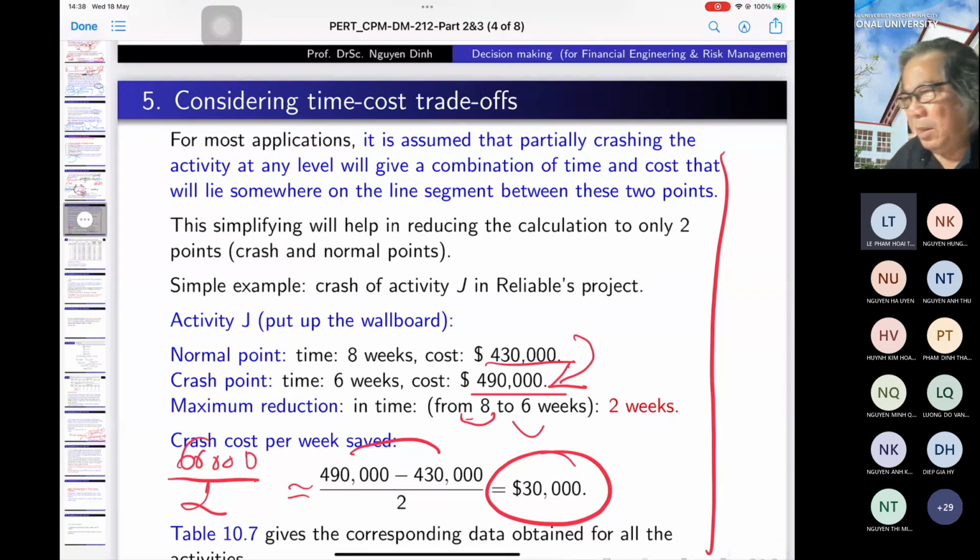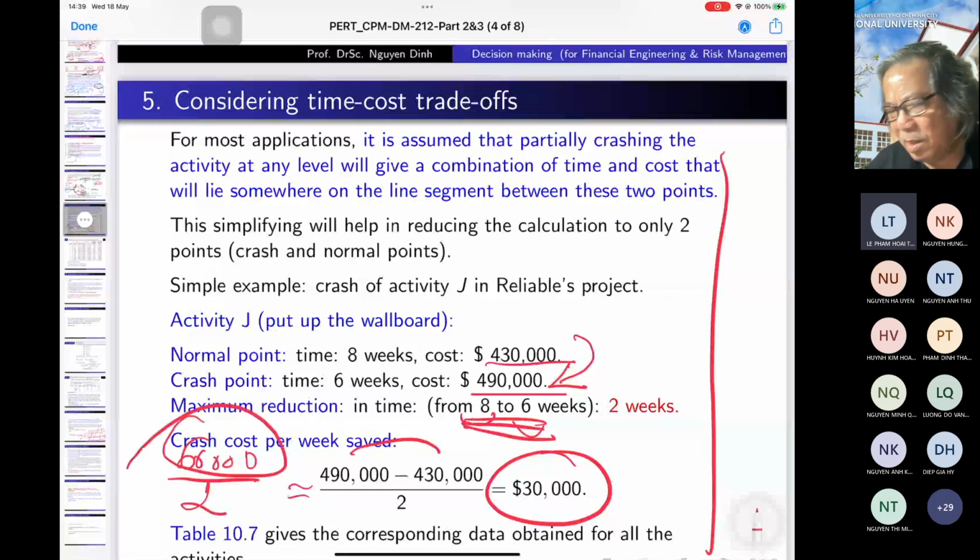And of course, in order to calculate the crash cost, Mr. Perry has to invite a lot of experts to calculate for him for each activity, and the cost of the expert and the cost of the worker, every cost is included in reducing these 2 weeks.